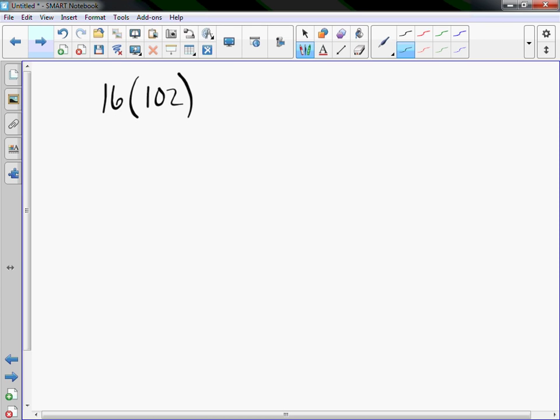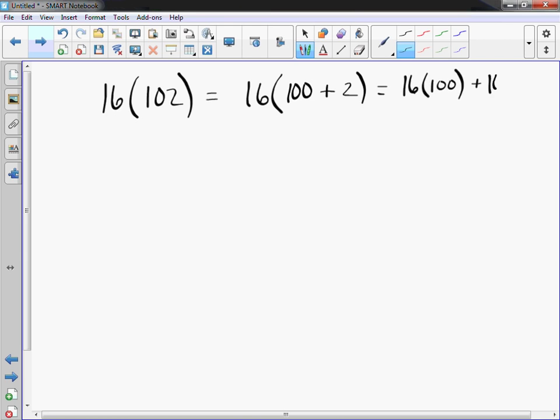I know that 102 is the same as, I'm going to replace it with an equivalent expression. So instead of 102, I can put 100 plus 2. Now I can rewrite that using the distributive property, which would be 16 times 100, which is pretty easy to multiply, plus 16 times 2, which is also pretty easy to multiply.